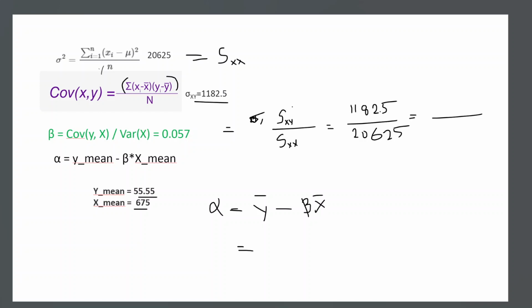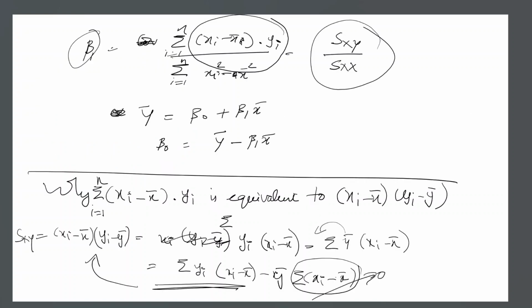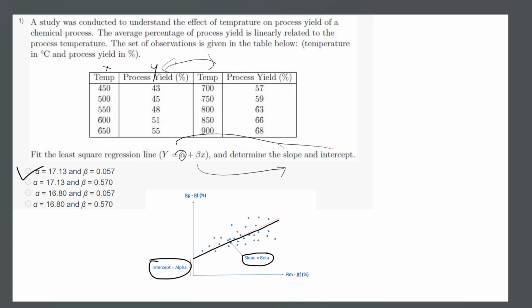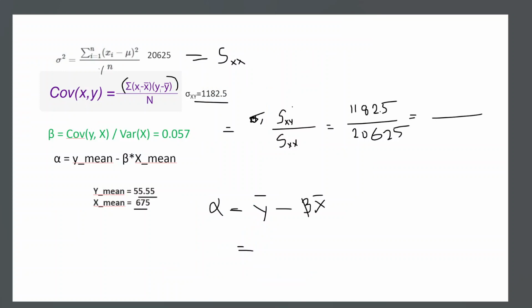So what you can do here is first find Sxx, because that is what we are trying to find here, right? As per the formula, first we have to find the slope, and for finding the slope we have to find Sxx.